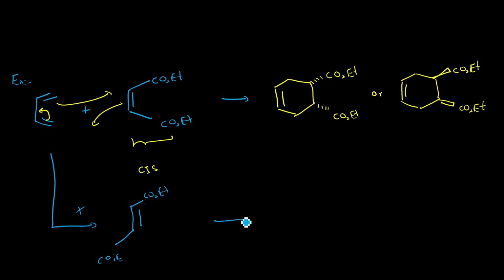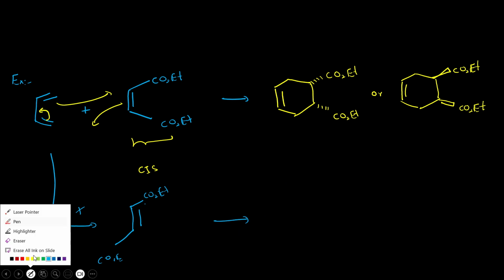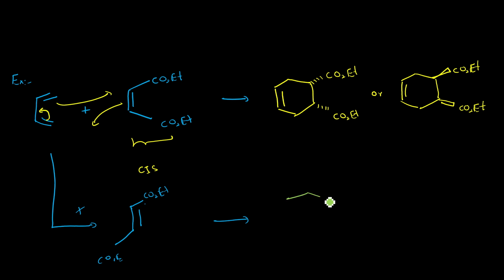So when you draw the structure for it, you have to draw it like this. One is below the plane, and another one is above the plane. Here we have the product for this particular direction.